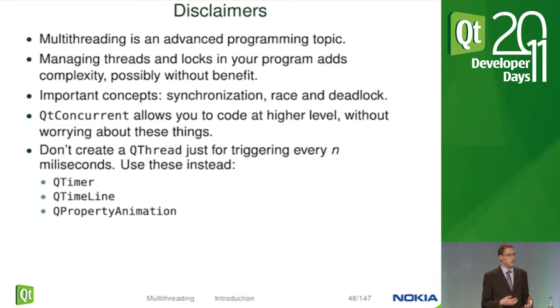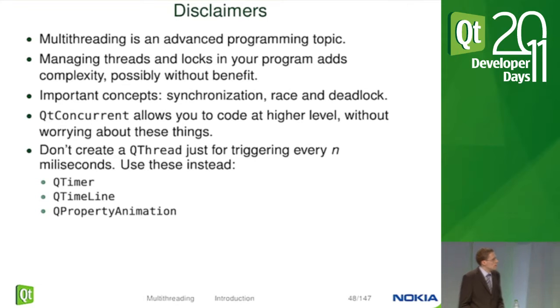It will just use the normal event loop and signal slot mechanisms that you have anyway in your GUI thread to inform you after a certain amount of time to do something, or to update your widgets or graphics items for animations.